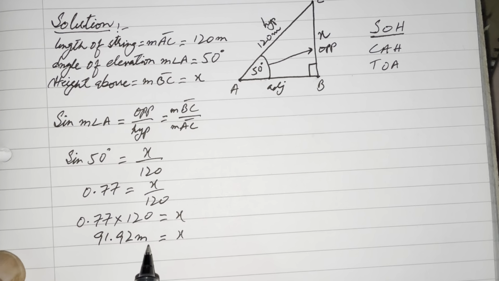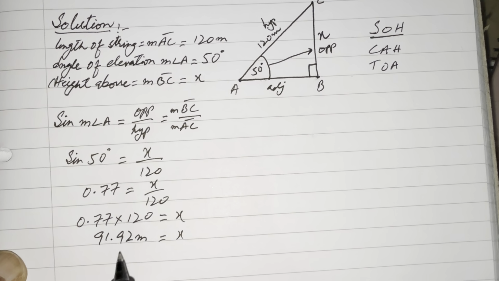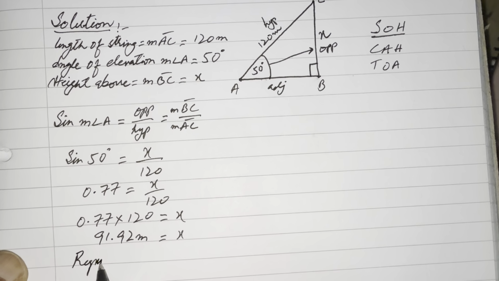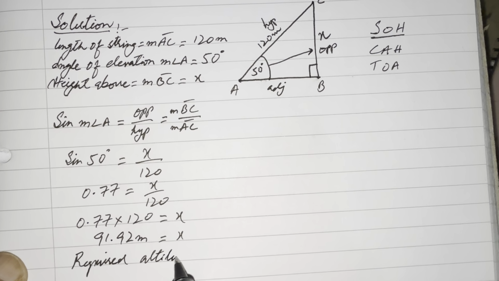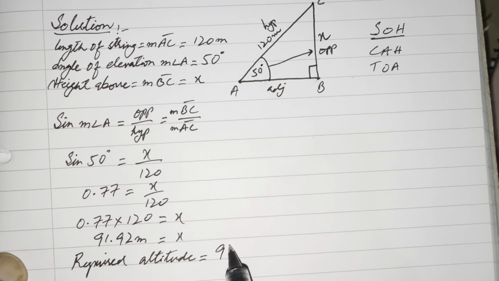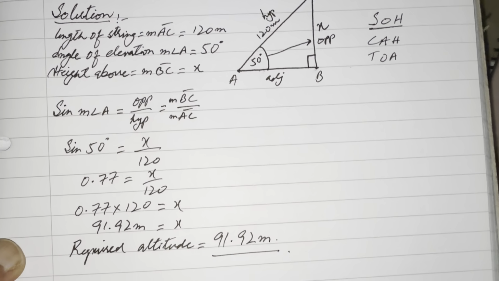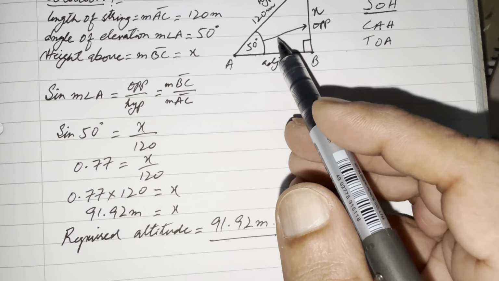So we can say that the required altitude, the perpendicular or the opposite side, is equal to 91.92 meters. So that's the height of the kite above the hand holding it.